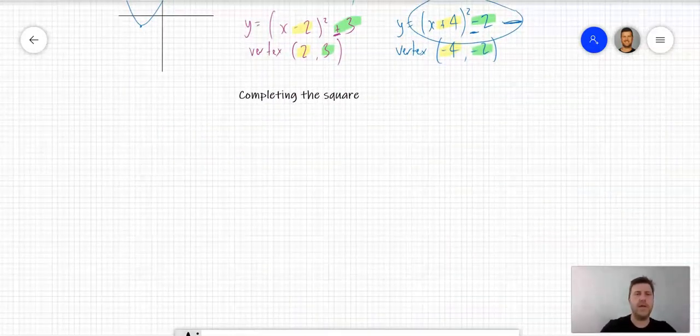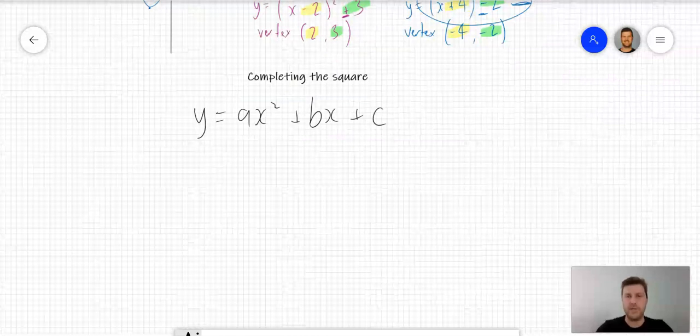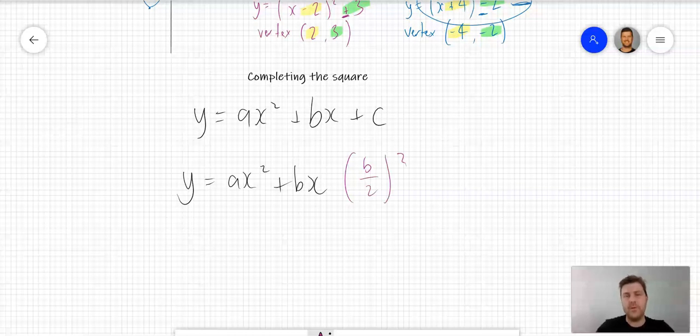When you see an equation in standard form, y equals ax squared plus bx plus c, you can convert it into turning point form by completing the square. Remember, completing the square, you need to add the value of (b over 2) all squared, and also subtract the value of (b over 2) all squared to balance that equation.